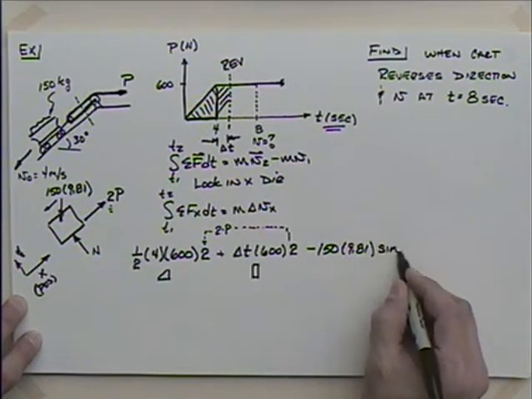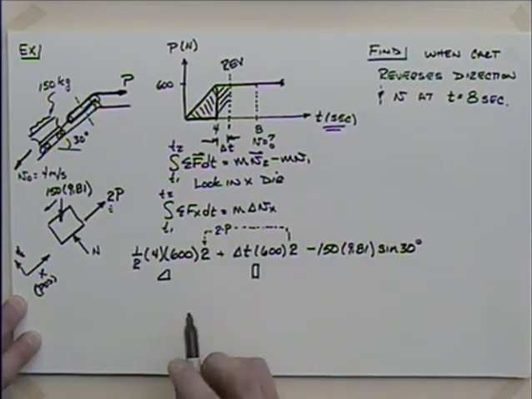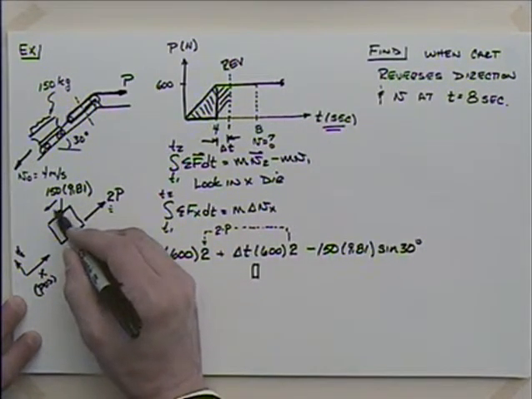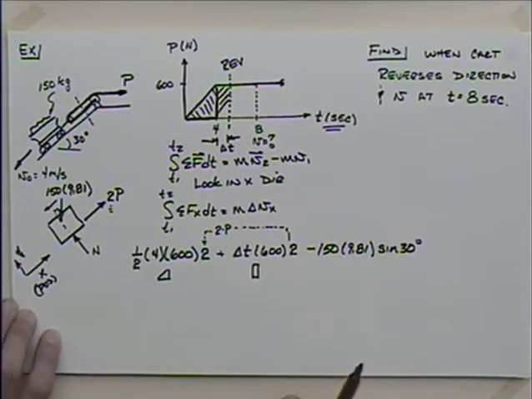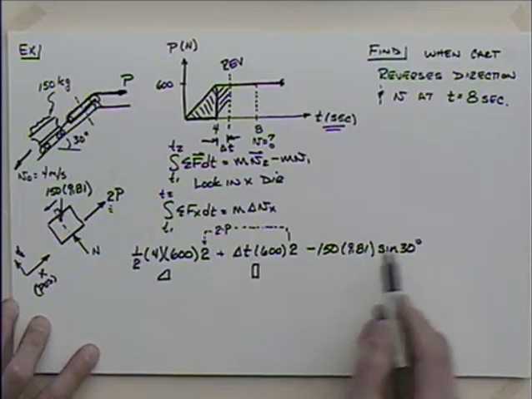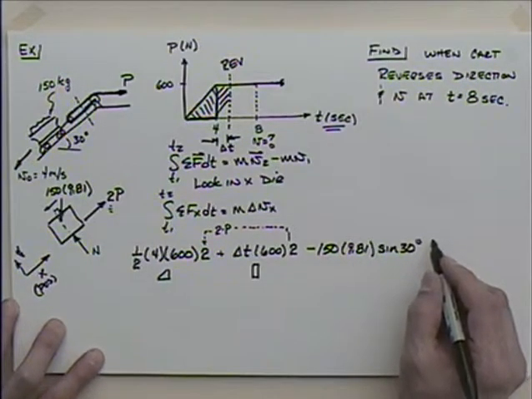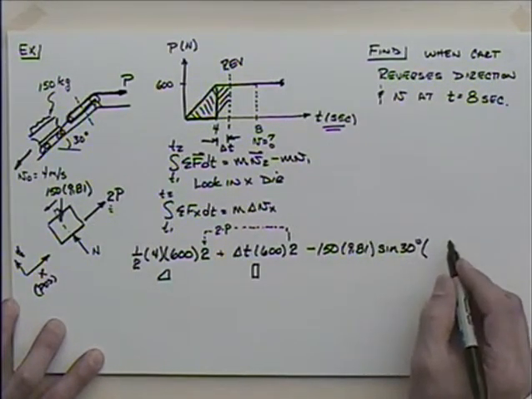Sine of 30? Because if I look at this angle in there, that's going to be your 30 degrees, so I'm going to have the sine of 30. So that's the force. I don't want just the force. I want the time that it acts over. Okay, so how long does this act?